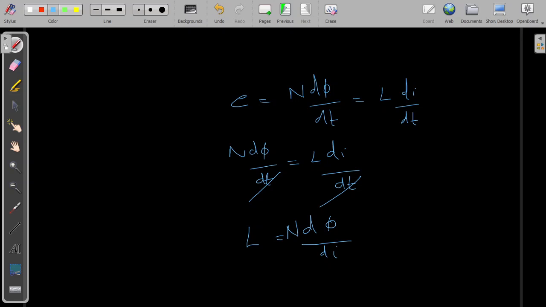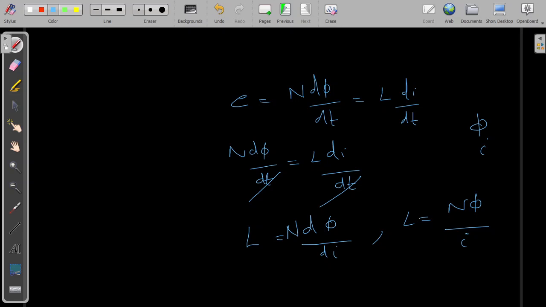Or if phi is the changing flux associated with the same coil, while the change in current through it is I, then L will be equal to N phi by I.